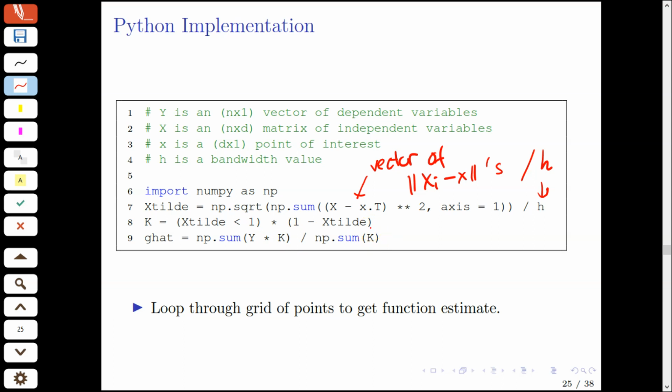So this code snippet here you may take and make use of in constructing the kernel estimate at a particular point x.